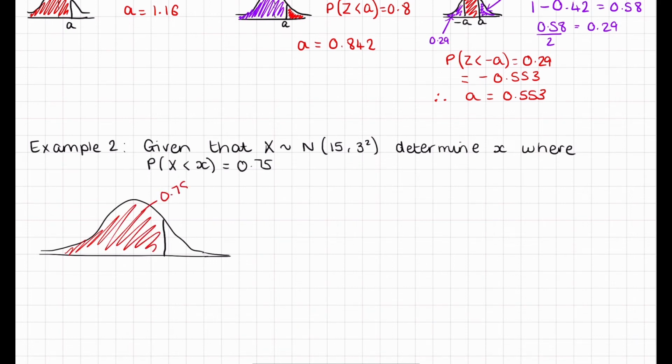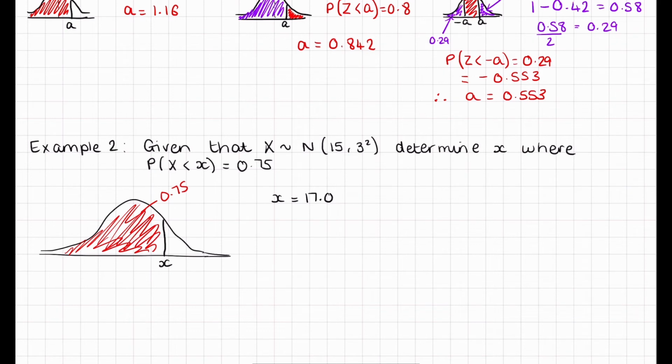That's where 0.75 will be, because it's a less than, it's everything below the line. And then this will be x. Then we just need to work that out. And then just put that into your calculator and you will get a value for x of 17.0.